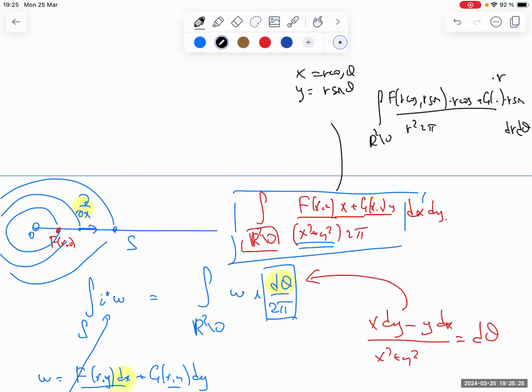But now we are integrating not over R2 without 0, I suppose. We have two integrals, one over R bigger than 0, and one over S1 cross R. And also here r squared disappears because here we have r squared.